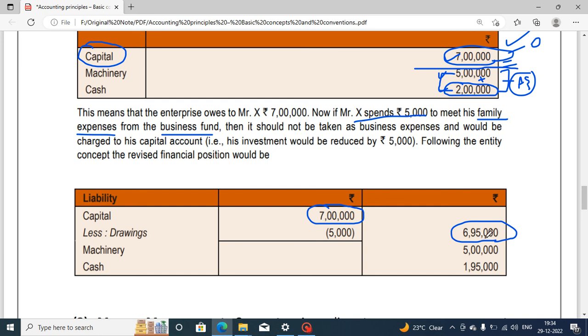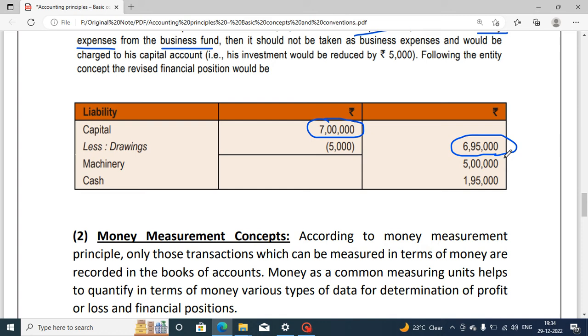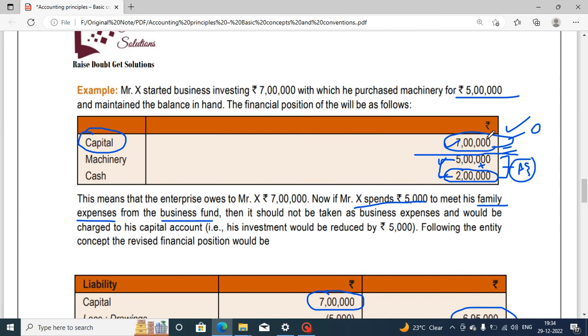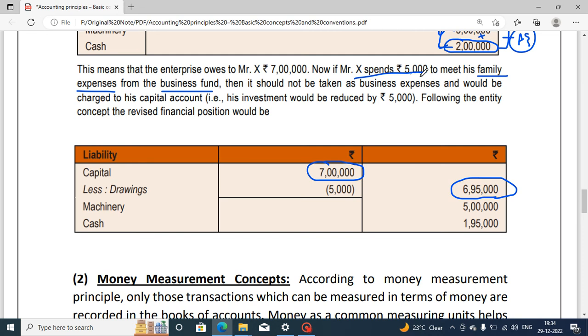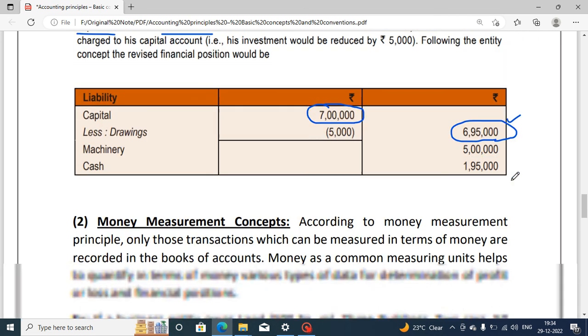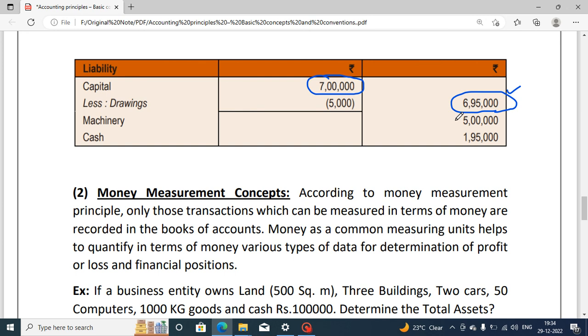Okay, before, business had the obligation to pay 7 lakh to the owner. Now the owner spent 5,000 from the business and we have reduced it by 5,000. Now business has the obligation to pay 6,95,000. Now the machinery is 5 lakh and cash is reduced from 2 lakh to 1,95,000.